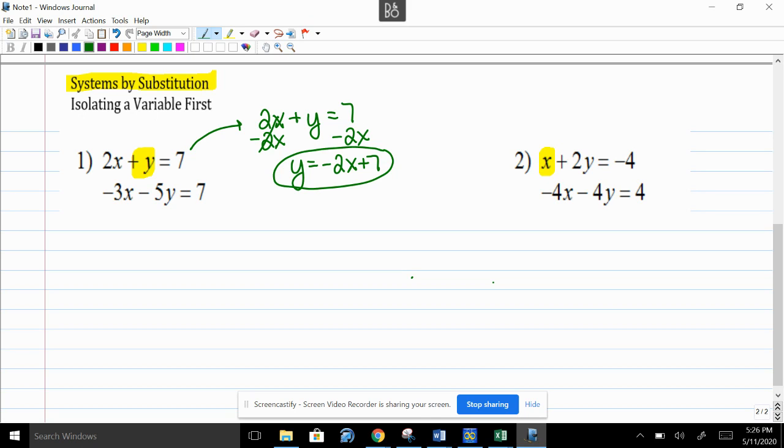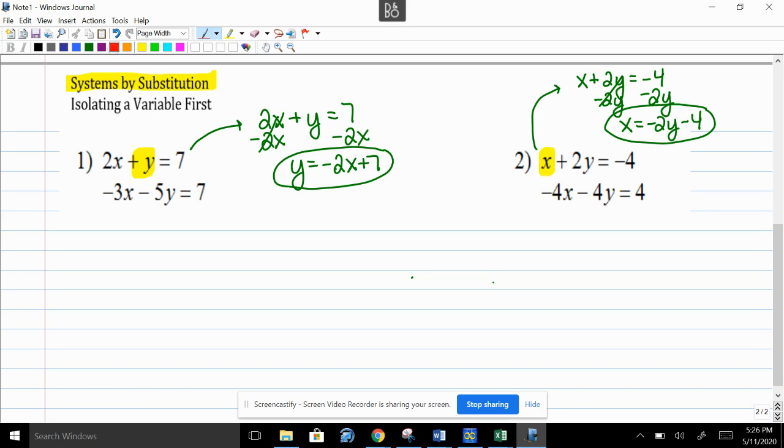All right, in number two, if I pull this equation out, x plus 2y is equal to negative 4, I would do the exact same thing, just I would move the y term to isolate the x. So I got x is equal to negative 2y minus 4. So now I have an x equals. So now we can substitute.